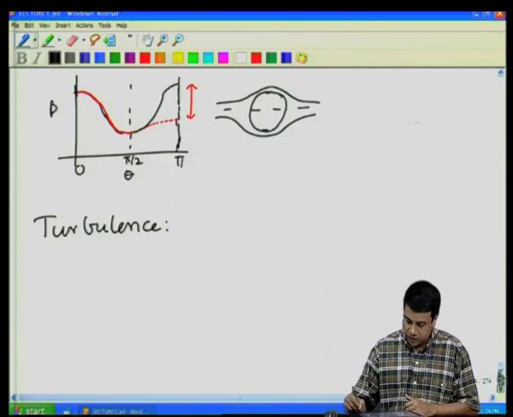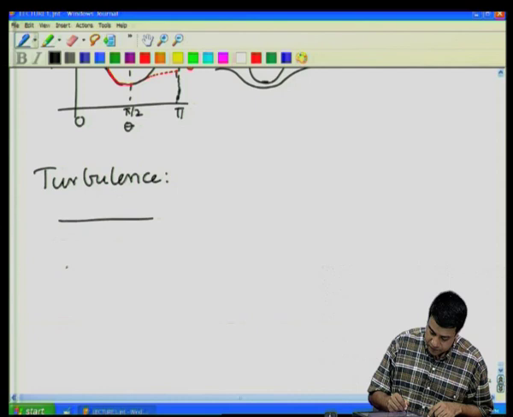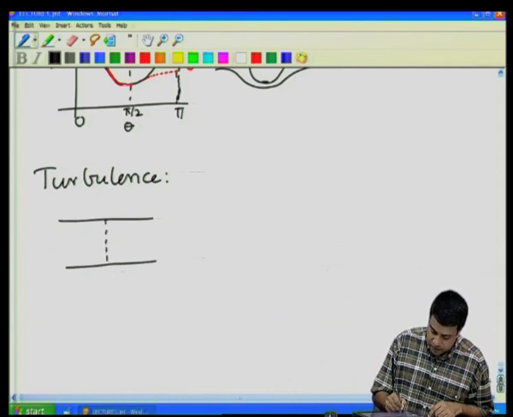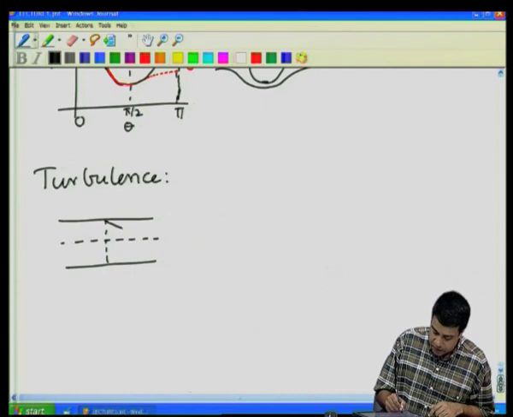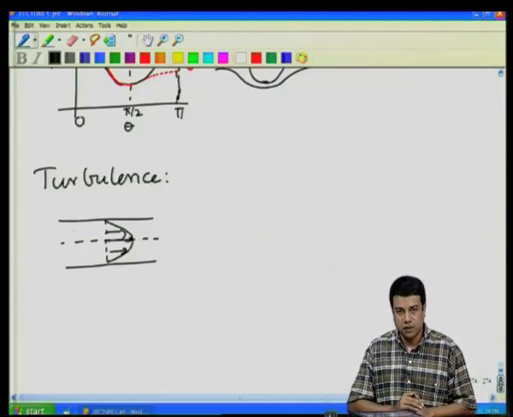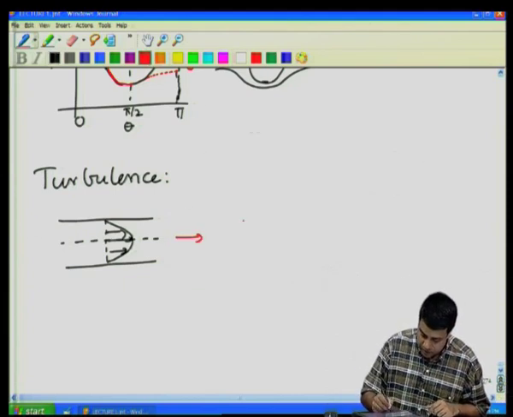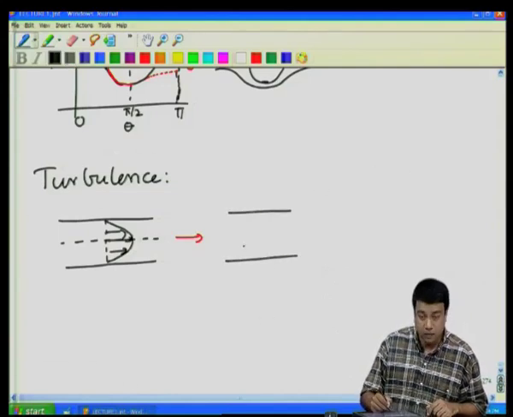For example, for internal flows, for a flow in a pipe, we have solved the velocity profile on various occasions. We know that the fully developed laminar flow in a pipe has a parabolic velocity profile. However, as you keep increasing the Reynolds number, at some point there is a spontaneous transition to what is called a turbulent flow.